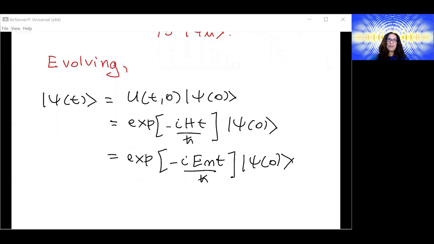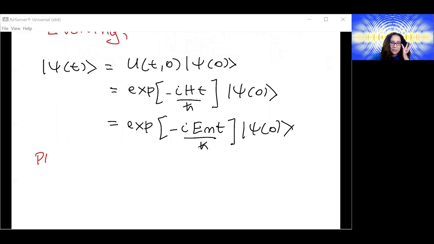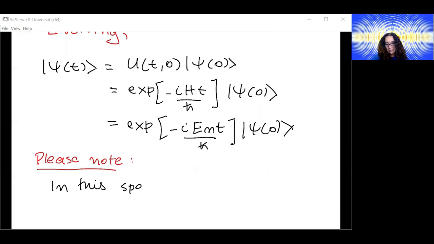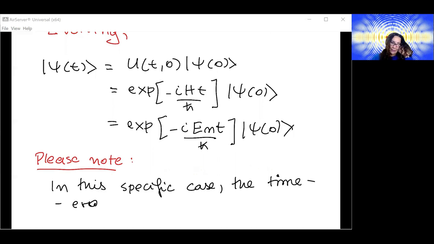So I'm going to write that, please note, in this specific case, the time evolution operator is just a phase.